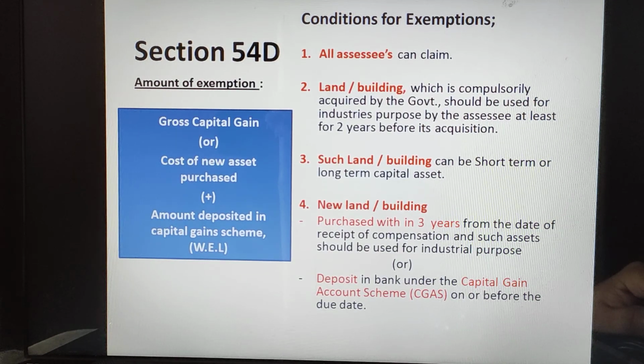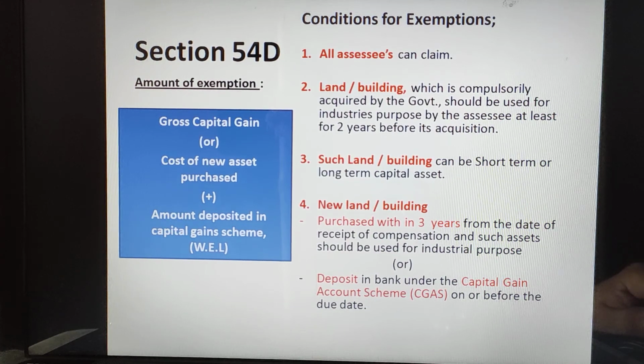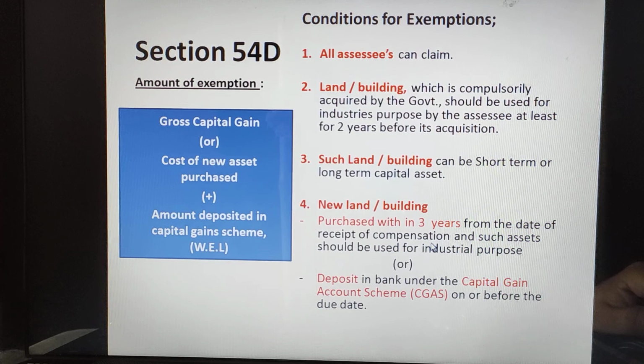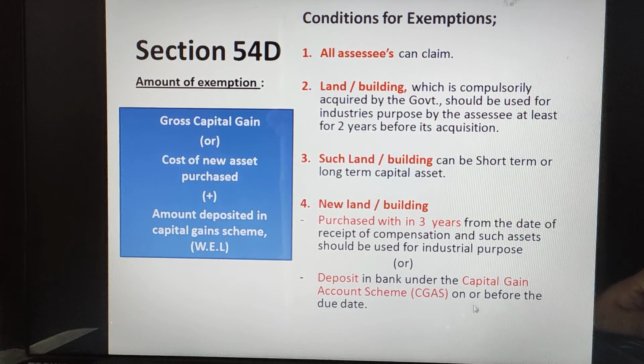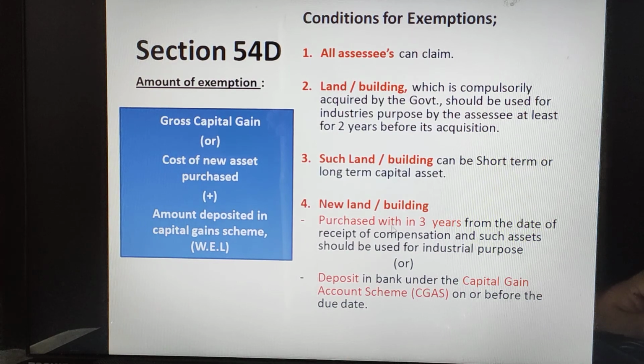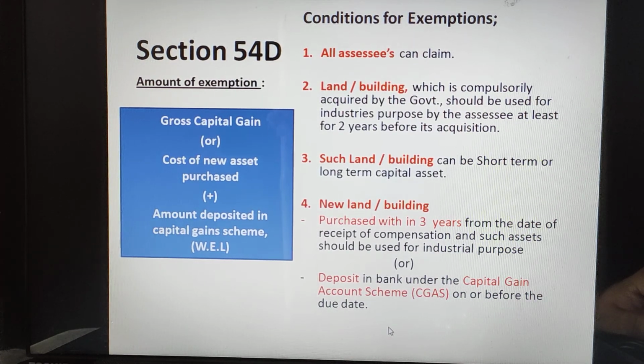The maximum time is within 3 years from the date of receiving the amount, and that land and building you have purchased should be used by you for industrial purpose only. And along with that, as usual, if you have deposited any amount in the capital gain account scheme on or before the due date.